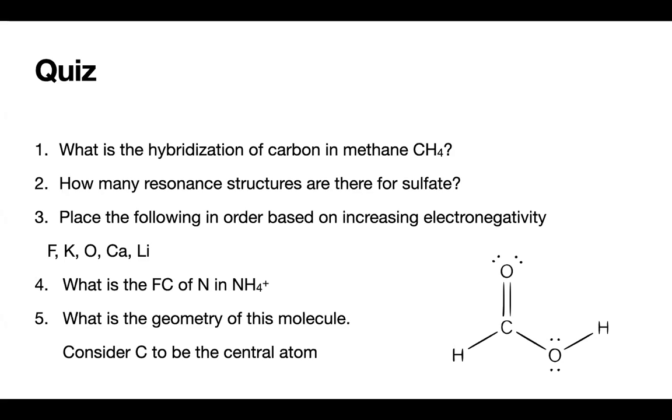So sulfate we know is something like this. S O O O O. And we could have a double bond here and here. And then we could have here, here.